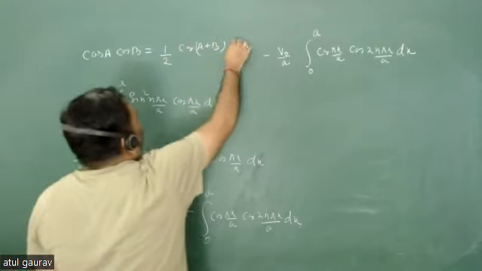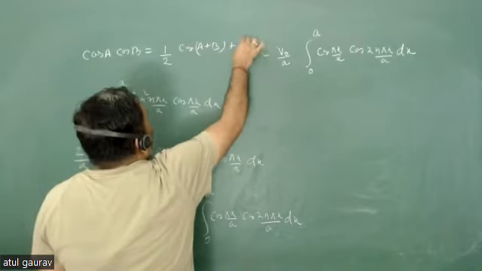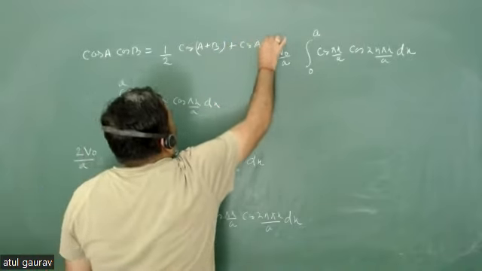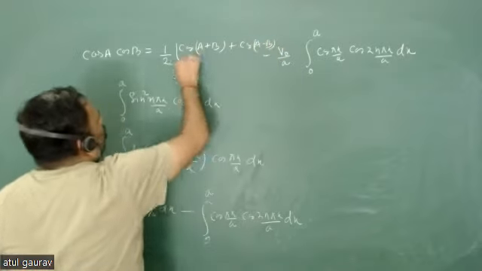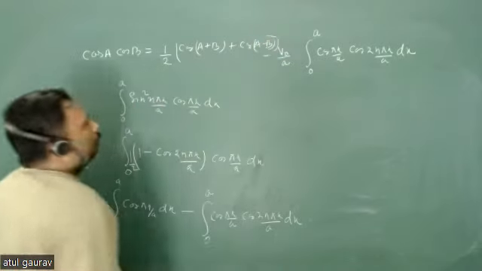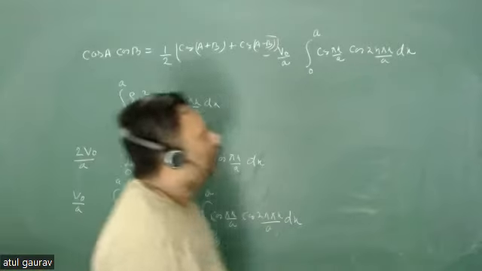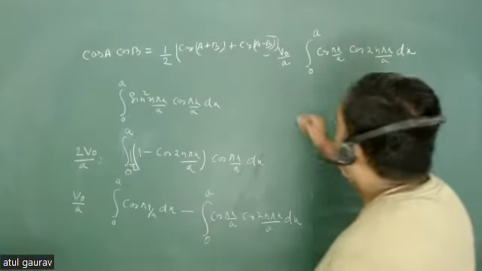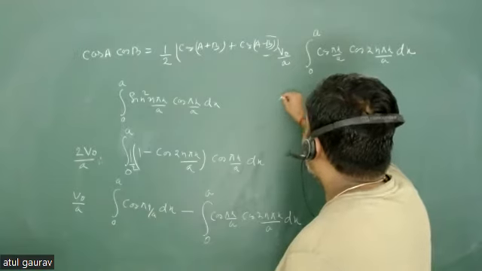Okay, fine. Then plus cos(A minus B). Okay, great. It will be like this, right? Yes sir. Okay, good. I think the answer should be 0.